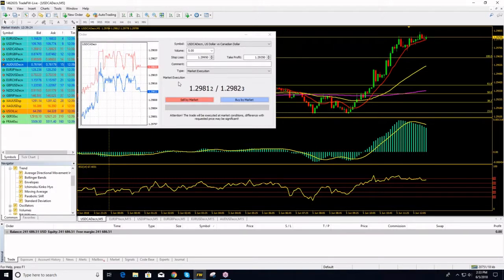I repeat, we want to see a close below MA10. So we're waiting for a close below MA10 to go for a short position on dollar CAD.